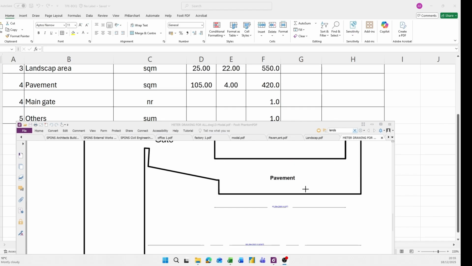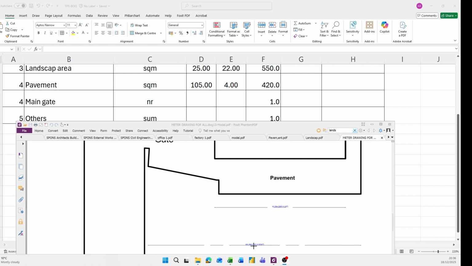For the pavement, it also doesn't have much information. You can see one dimension is very straight, 101.29 meters, but this is a bend, not very straight.